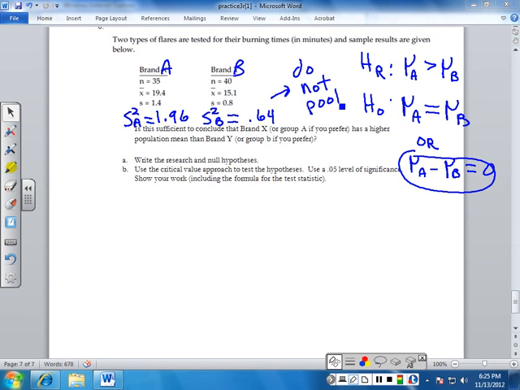52.5. Yeah. Always round this one down. 52.4. So we're going to round that down to 52.